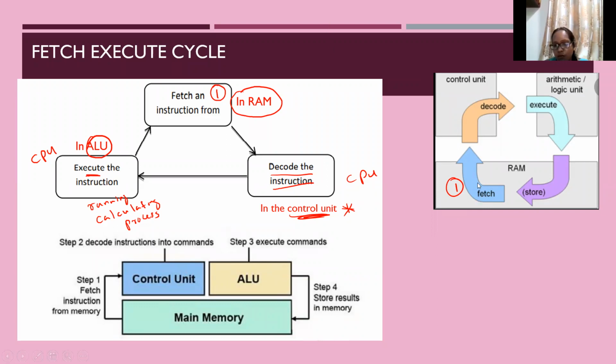Then the control unit of the CPU will decode that instruction. Then the arithmetic and logic part of the CPU will execute the instruction. That is the third step.